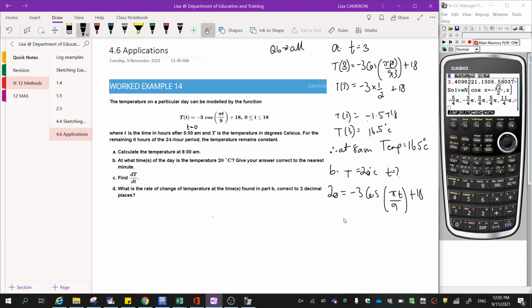So if I'm rearranging to solve this, I'm going to take the 18 across first, which will leave me with 2. Then I can take the 3 across, so 2 over negative 3 is equal to cos pi T on 9. Take the inverse cos across.